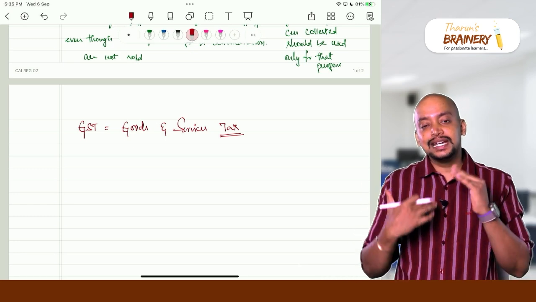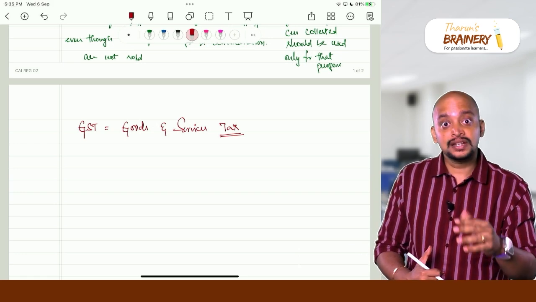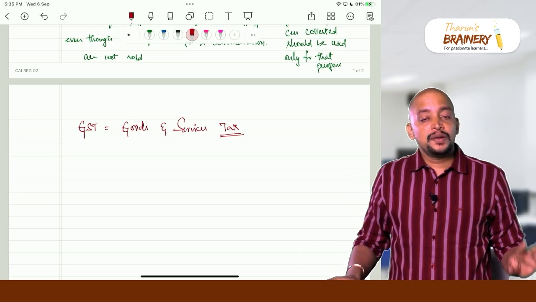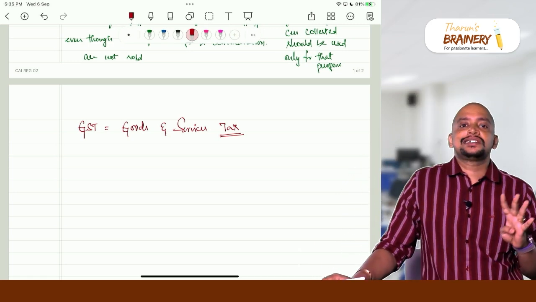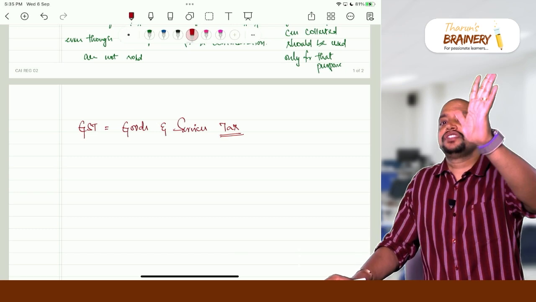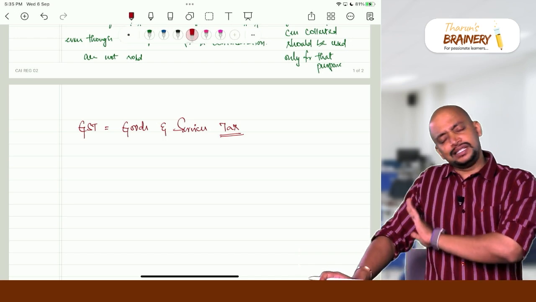But in GST, we have 4 transactions. Generally, we pay GST only when there is consideration. But in 4 transactions, we pay GST even if there is no consideration. So this is something you need to remember. This is like an exception.